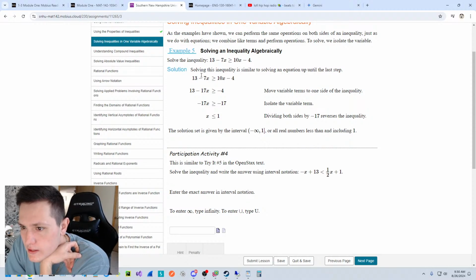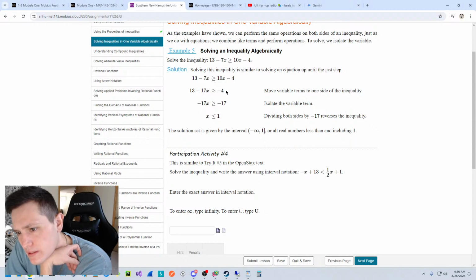So basically you're doing the opposite. What the heck? So they added 10. So they kept, okay, so just add 10x, that becomes 17x. And then they added 13 to 14, right?